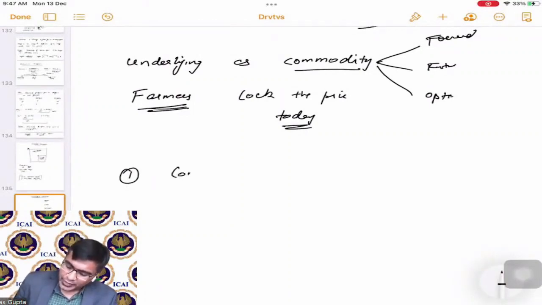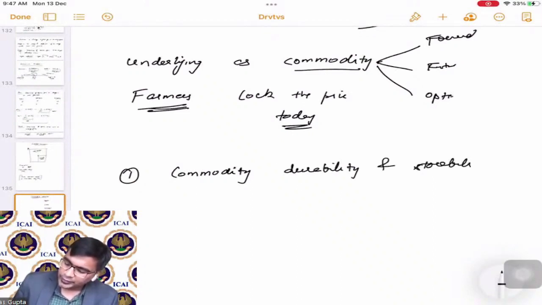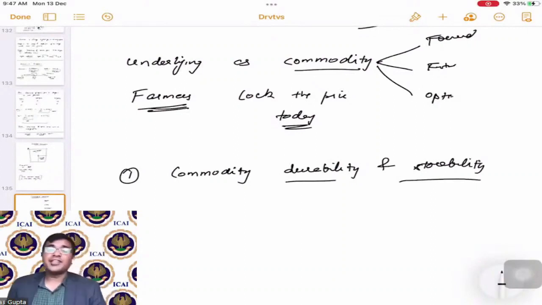So the commodity should have durability and storability. If the commodity is not durable at all, or cannot be stored, then who is actually going to use the commodity derivative? That itself gives the answer. So it has to be durable and storable.